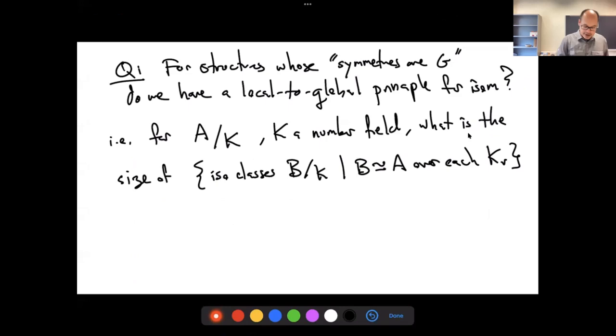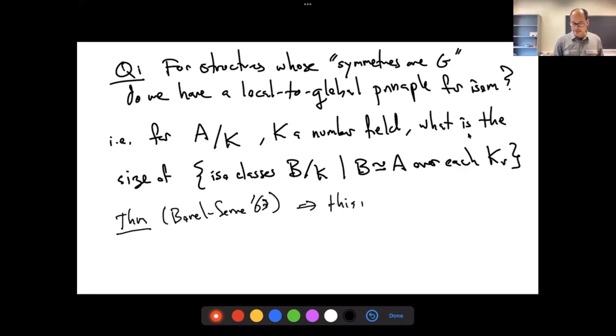Okay, and the well-known theorem of Borel and Serre from '63 says this is always finite.